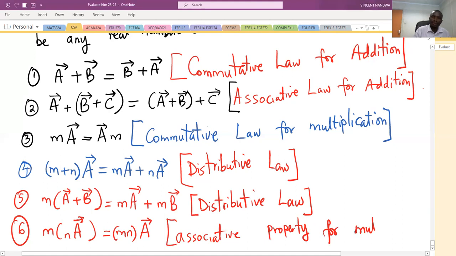This is simply scalar multiplication. So that's what we have.